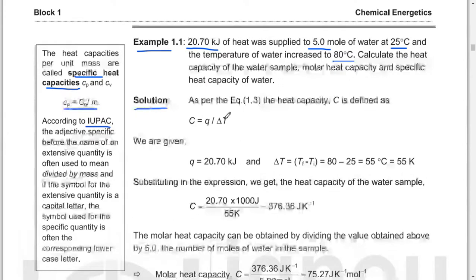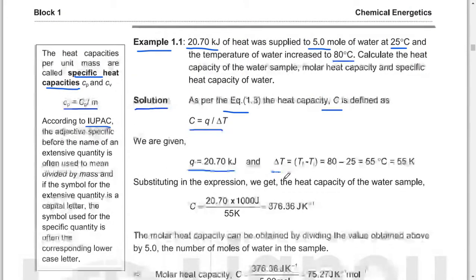As per the equation, the heat capacity C is defined as C equals Q by delta T. We are given Q equal to 20.70 kilojoule and delta T equals T final minus T initial equals 80 minus 25 equals 55 degrees C equals 55 K.